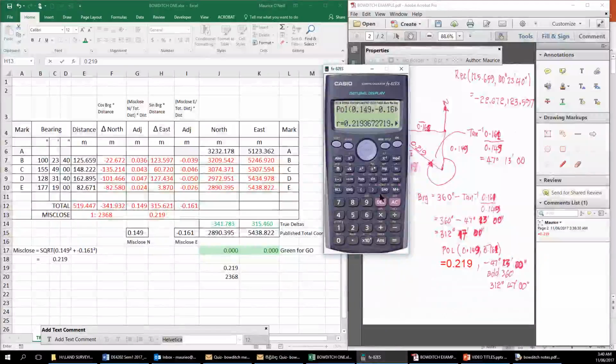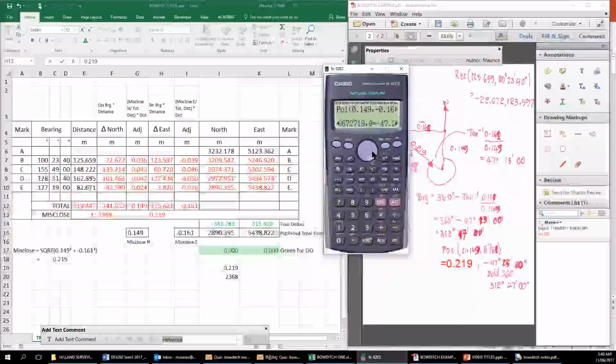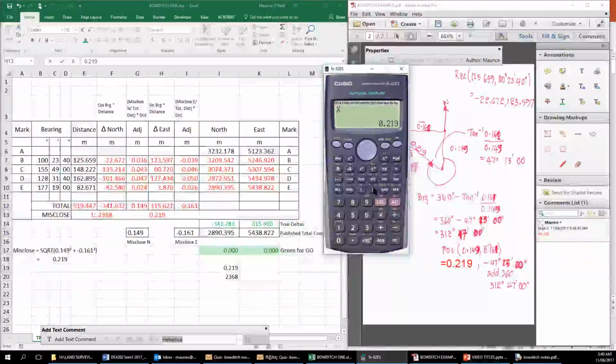And, well, we can get our bearing over here, but you'll notice that the bearing is negative, and it's that negative 47. So what we can do is go recall X, which is 0.219, which is good, and then we can go recall Y, which is there.